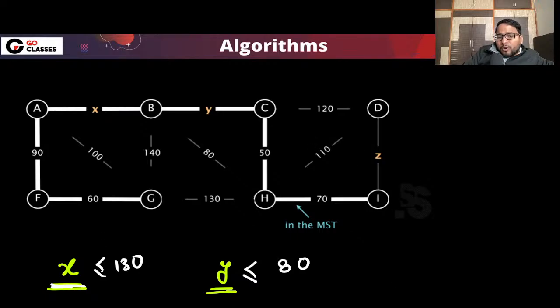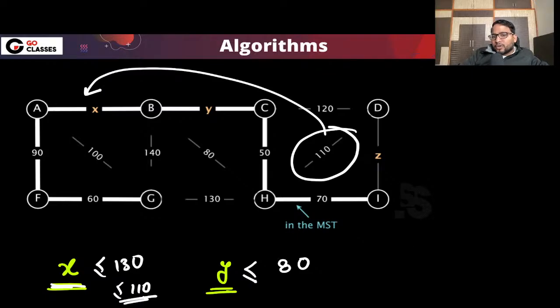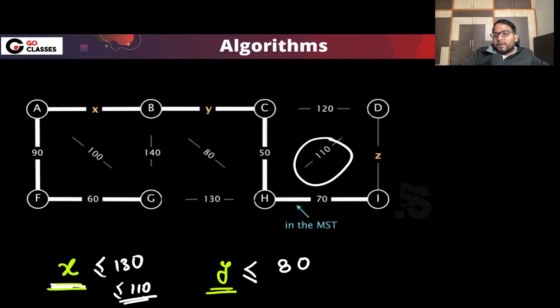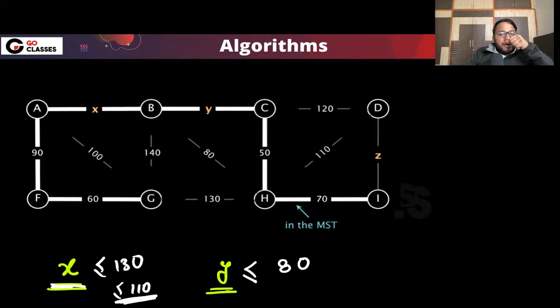So it must be also less than or equal to 110. Why? Because in Kruskal's, if I have not chosen this and I have chosen x, at some point in time, if I had a choice, since 110 is also not forming a cycle, x is also not forming a cycle, I have chosen x. I have not chosen 110. So that is why I can say that it must be also less than or equal to 110, right?